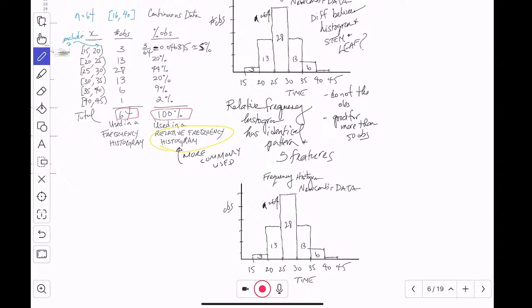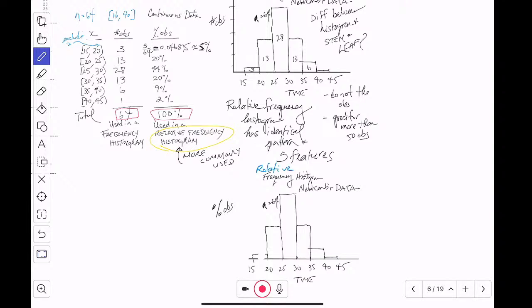I could add the words relative frequency histogram. I can change these numbers here to percents. I have to change the scale too. I would change the scale, and this would become percentage of observations.